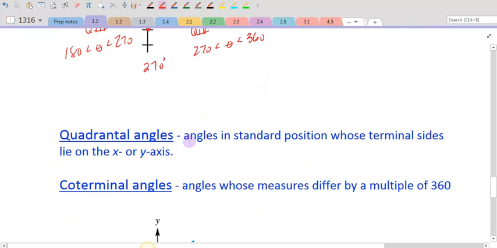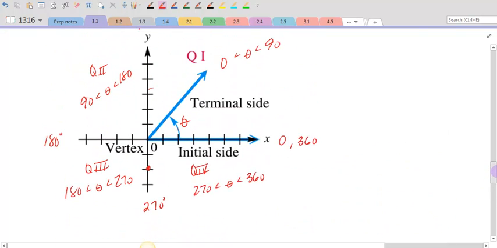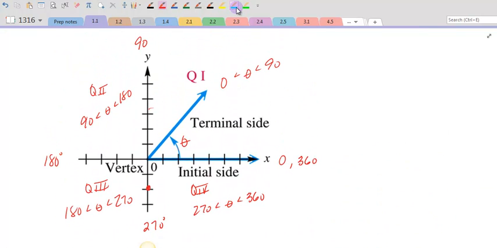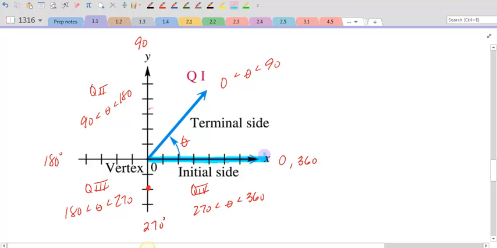Now we have special angles. We have quadrantal angles. A quadrantal angle is an angle whose terminal side lies either on the x or the y-axis. So up here, my quadrantal angles are ones that are on 0, 90, 180, or 270. Okay?